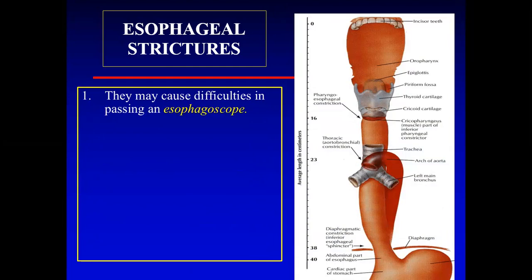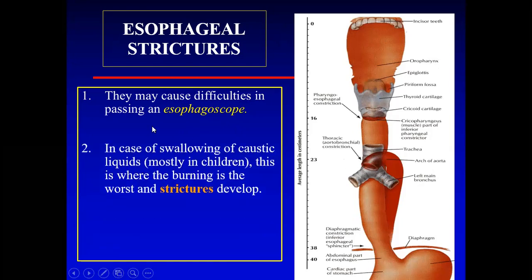Esophageal strictures or constrictions may cause difficulty in passing an esophagoscope. When you are passing a tube, especially the esophagoscope, which is much larger and metallic, it is the scope with which we observe the internal part of the esophagus, and the process is called esophagoscopy. Whenever you pass the tube, you may feel constriction at this level, with difficulty passing the esophagoscope.